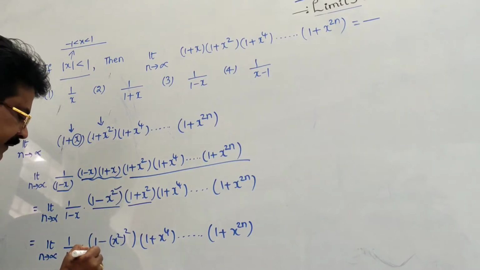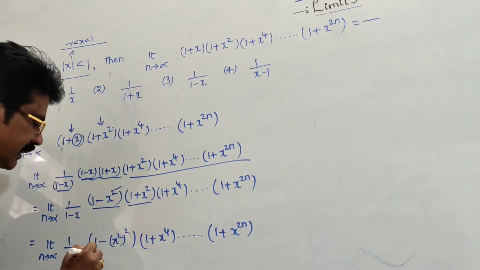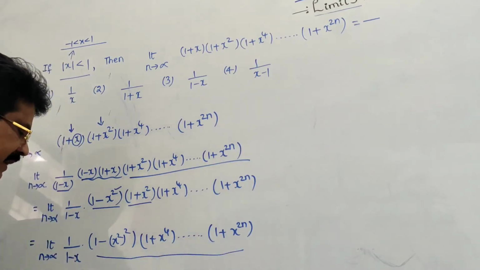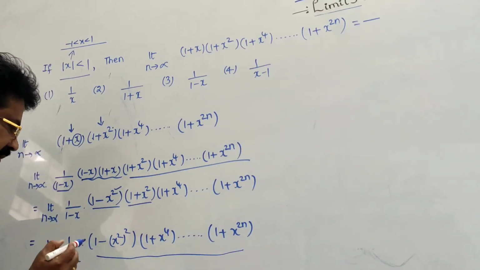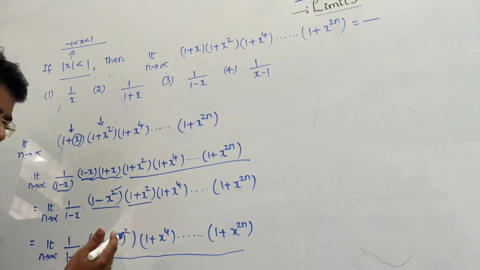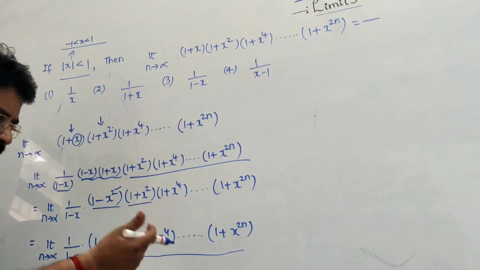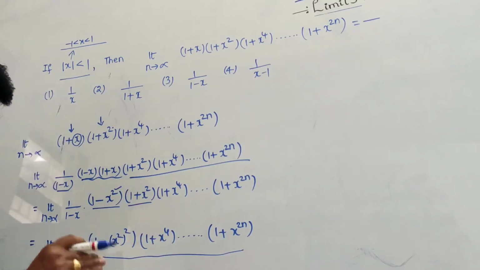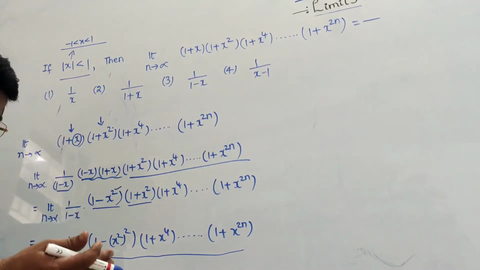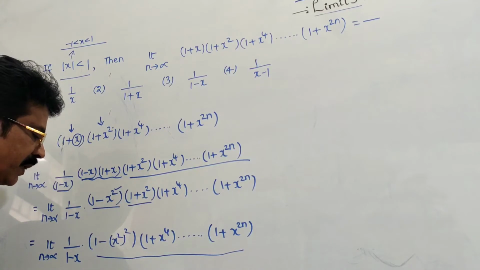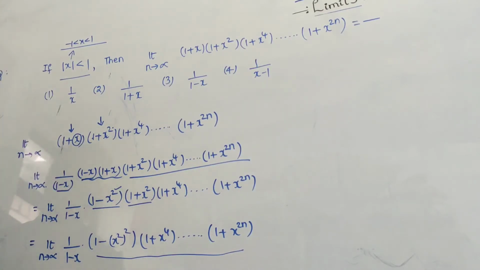If the process is continued like that, then the last term will be like this. (a plus b) into (a minus b) equals a square minus b square. In the next step also a square minus b square, and in the next step also a square minus b square. Just like that, it will be 1 minus the last term, x to the power of 2n, whole square.